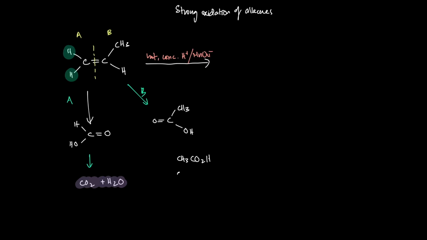So you end up making ethanoic acid. The thing to note over here is that where the carbon-carbon double bond was, that's where you got the C double bond O. And whenever you have a hydrogen atom, that hydrogen atom will be oxidized further. So if you have two hydrogen atoms, they end up being oxidized all the way to carbon dioxide and water. Whereas over here, since you only had one hydrogen atom, you had this alkyl group, this methyl group, this guy doesn't get oxidized further. Because of this, you end up making ethanoic acid as your final product.